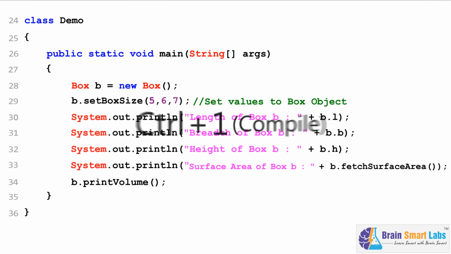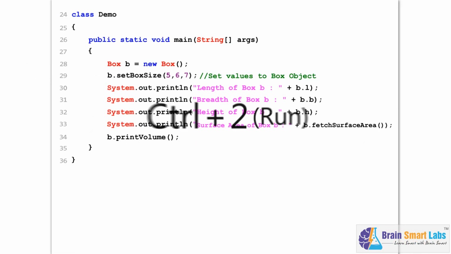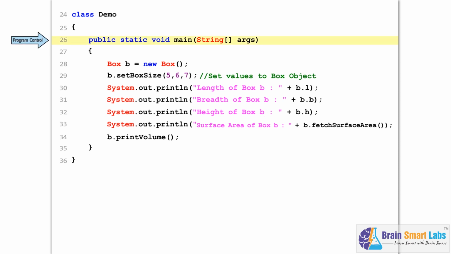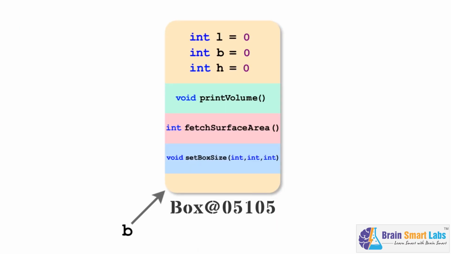Compile the code by pressing Ctrl 1 and you will get 0 compilation errors. Run the program by pressing Ctrl 2 and your program will start executing from our main method. As the program control reaches line number 28, a new object of type box is created. And only this time, to our surprise, a new member is added into our box object, which is nothing but our setBoxSize method.